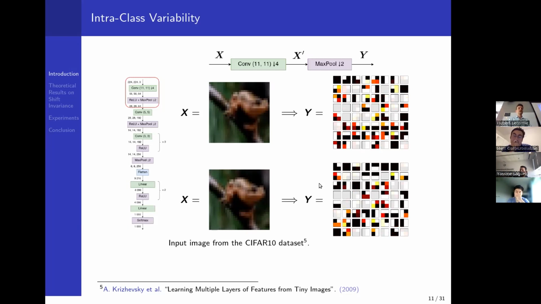This phenomenon may be amplified due to the small size of this image. It's just an example. In real life, we have much bigger images from ImageNet, so there are some border effects that should be taken into account. But anyway, this observation raises the following question: how stable are CNN's first layers with respect to small shifts?